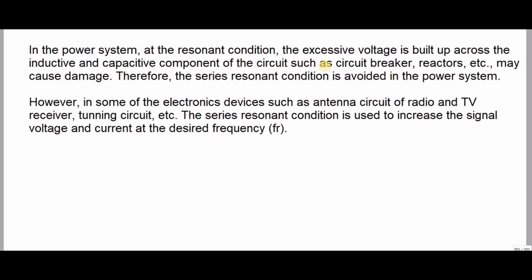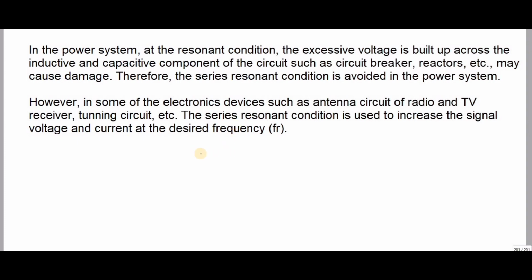This can damage circuit breakers and reactors, etc. So therefore, this series resonance condition must be avoided in the power system. However, it is used in electronic devices such as the antenna circuit of radio and TV receivers and tuning circuits, etc.